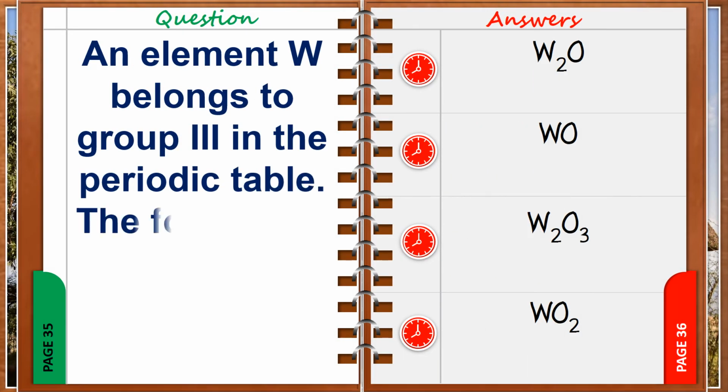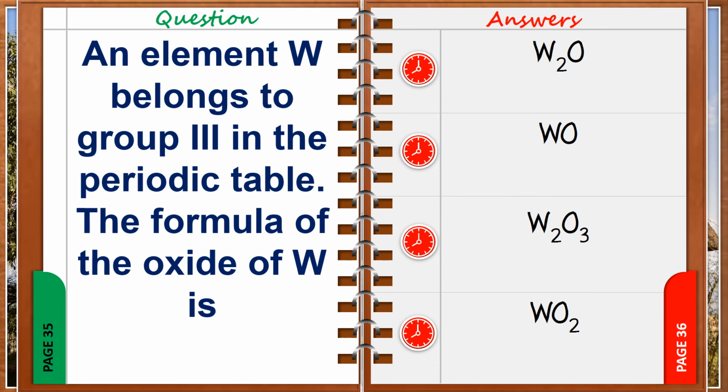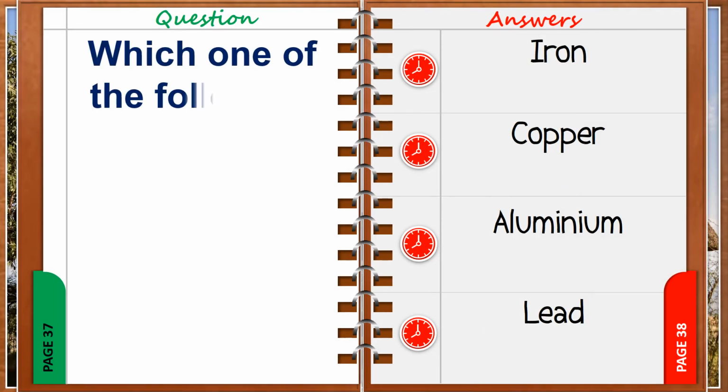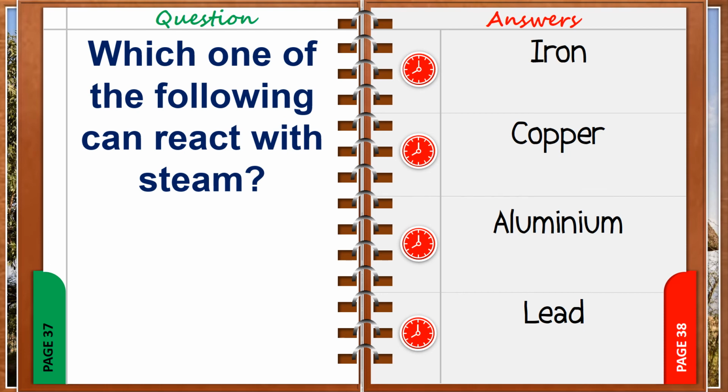An element W belongs to group 3 in the periodic table. The formula of the oxide of W is W2O3. Which one of the following can react with steam?